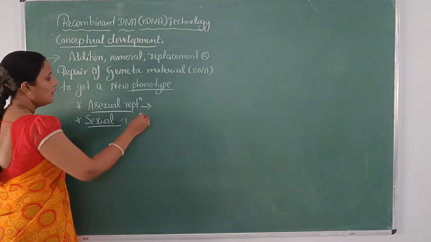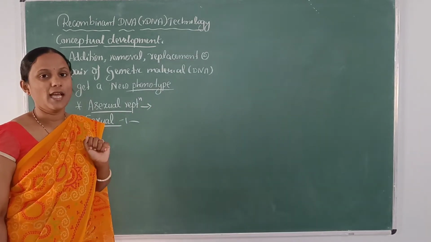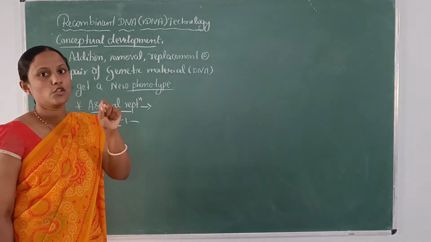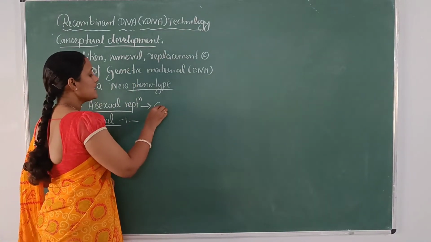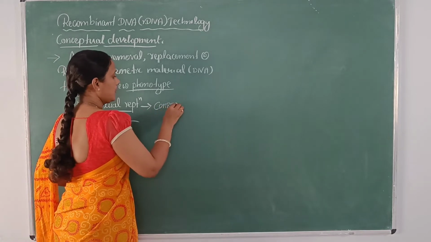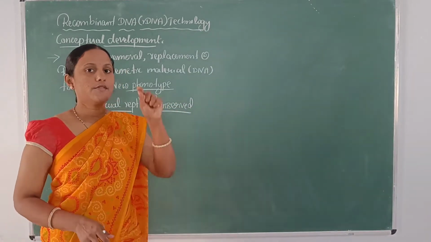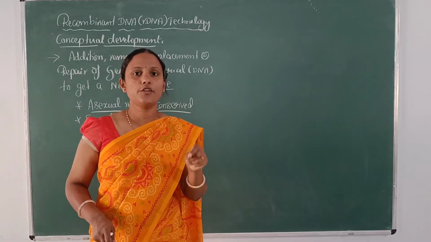Asexual reproduction will not give chance for this. That means the characters or the genetic material is conserved in asexual reproduction. That is from the first chapter, that is reproduction in organisms.